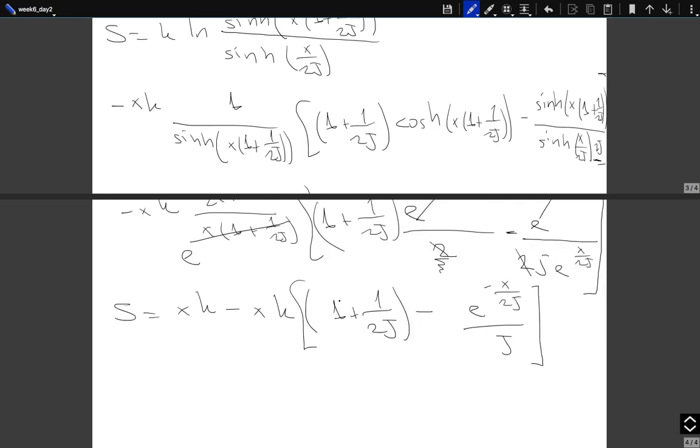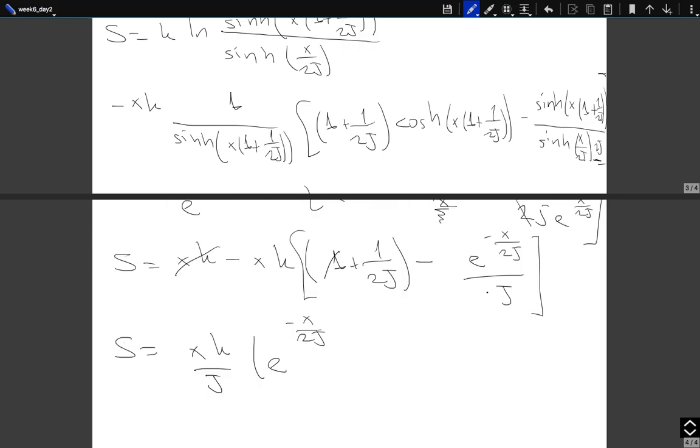So you see this one cancels this one. So that's kind of nice because we expected the entropy to go to 0, but we are looking at the limit that x becomes infinitely large. So now entropy became x times k. Let me also take out the j times e to the power minus x over 2j. This one minus, we have 1 over 2j.